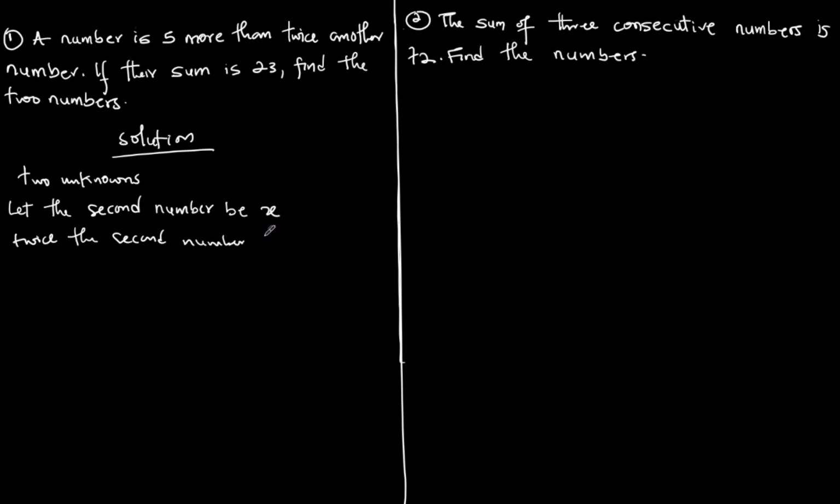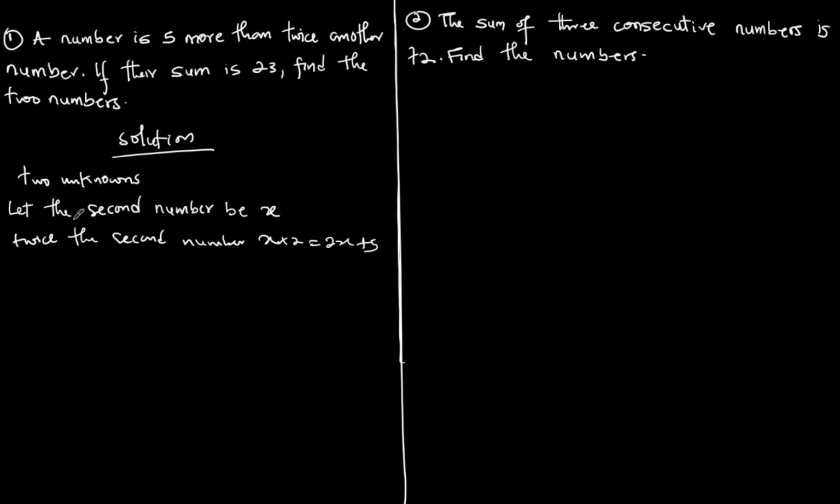And that is what? X times 2. That is 2 times the other number, which is equal to x. Now, the first number is 5 more than twice the second number, which is 2x plus 5.